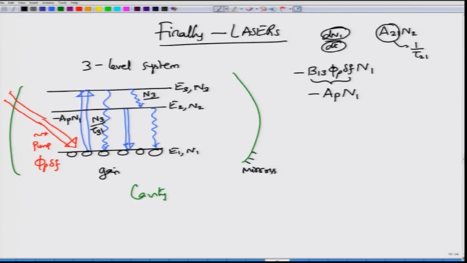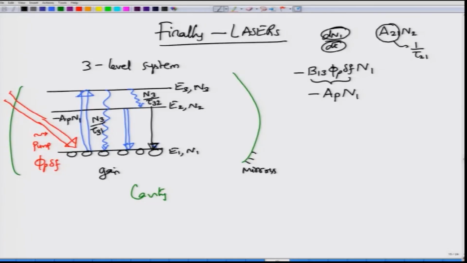This reaction on the other hand will give out spontaneous emission, so I will have to change this one. Instead of a wavy line, I have to make this a straight line. Now, this interaction from E3 to E2 is a non-radiative one, so that would be N3 divided by tau 32. Notice that we are writing this as tau 32 because you are going from energy level E3 to energy level E2.